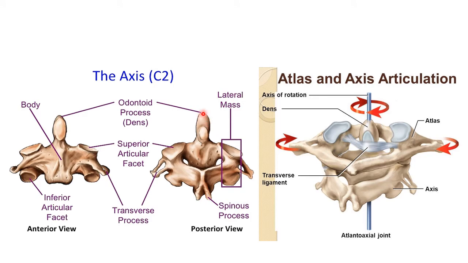This odontoid process at its apex provides attachment to the apical ligament, and below the apex on either side it provides attachment to the alar ligament. This is the body, this is its inferior margin.